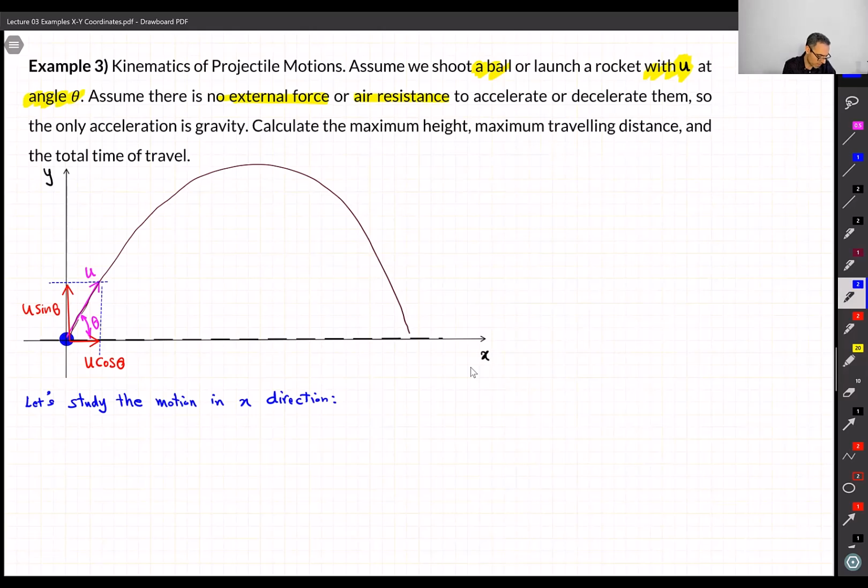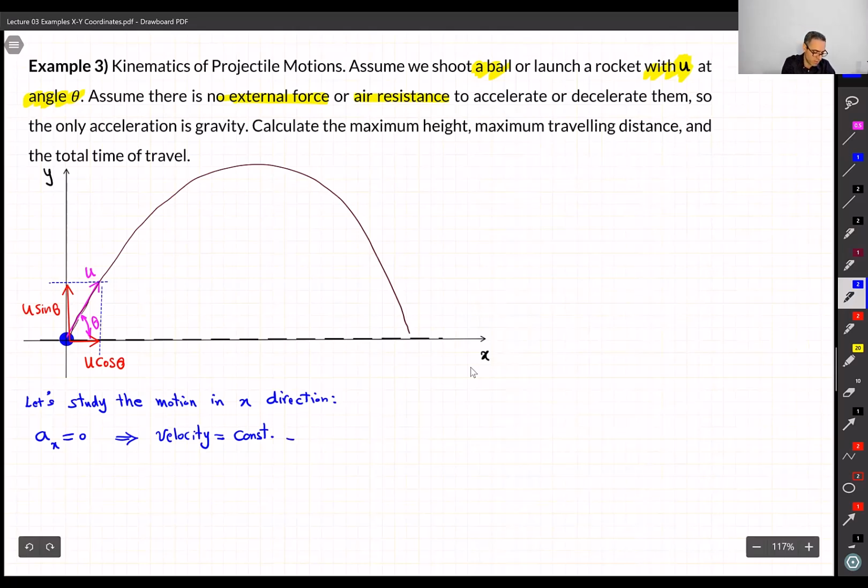So aX then is 0. We don't have any acceleration in X. If we don't have any acceleration, we learned last session, it means the velocity is going to be constant. And if velocity is constant, it means whatever we have at the beginning, it's going to stay the same.